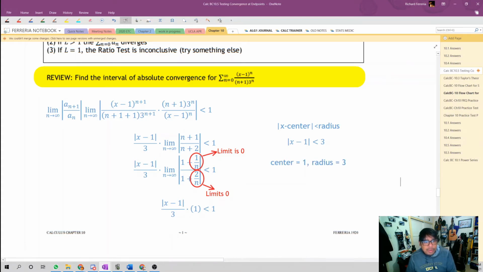So the center is 1 and the radius of convergence is 3. The interval for any power series is x an element of center minus radius to center plus radius. So the interval of absolute convergence is x between -2 and 4.